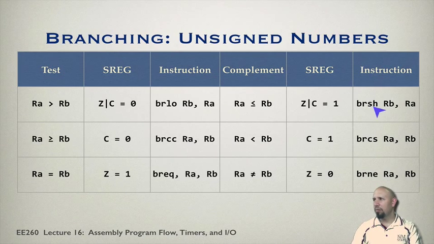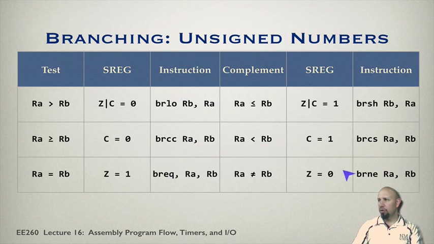I can't even remember what that stands for. But anyway, this is what you use if you want to test this with unsigned numbers. Notice that instead of having these two be the same, like with signed numbers, they're different. And similarly, these two are different. Okay. Now these two guys are the exact same as we have with the signed numbers.